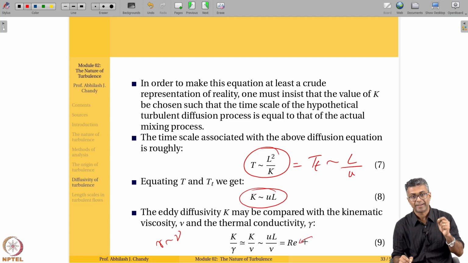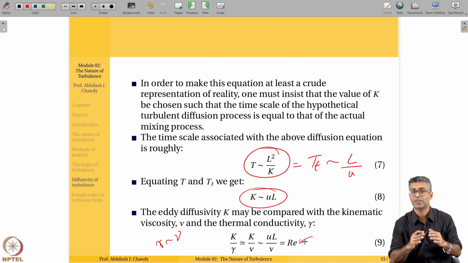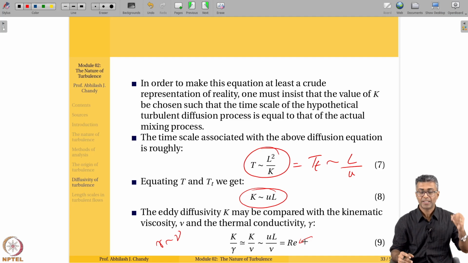Think about this. Ratio of the effective diffusivity to the momentum diffusivity is the Reynolds number. So higher the Reynolds number, higher is your effective diffusivity compared to the momentum diffusivity. Obviously, we knew that earlier, right? Turbulence produces enhanced diffusion.